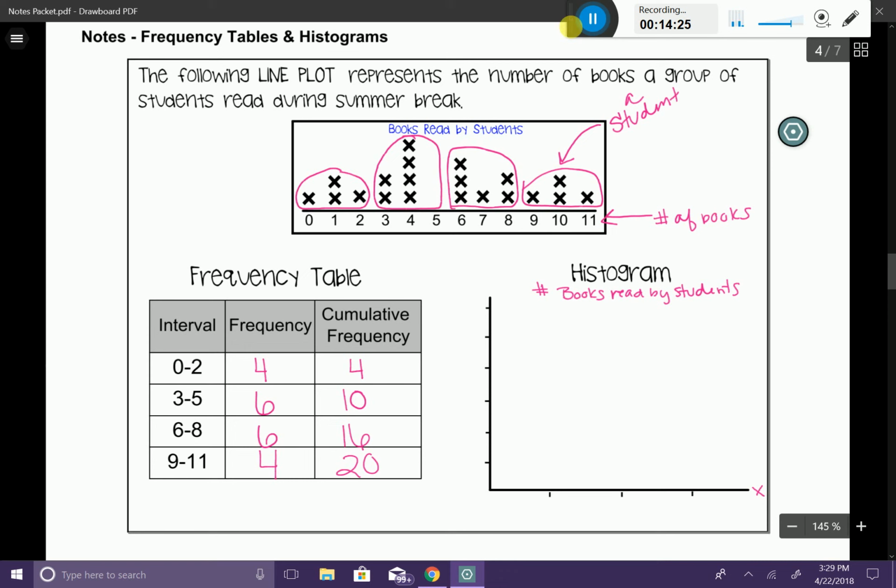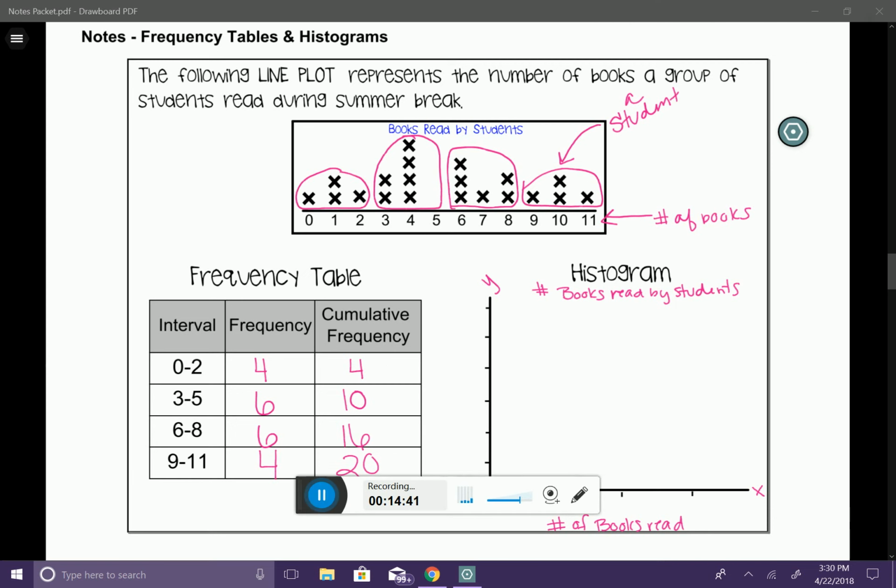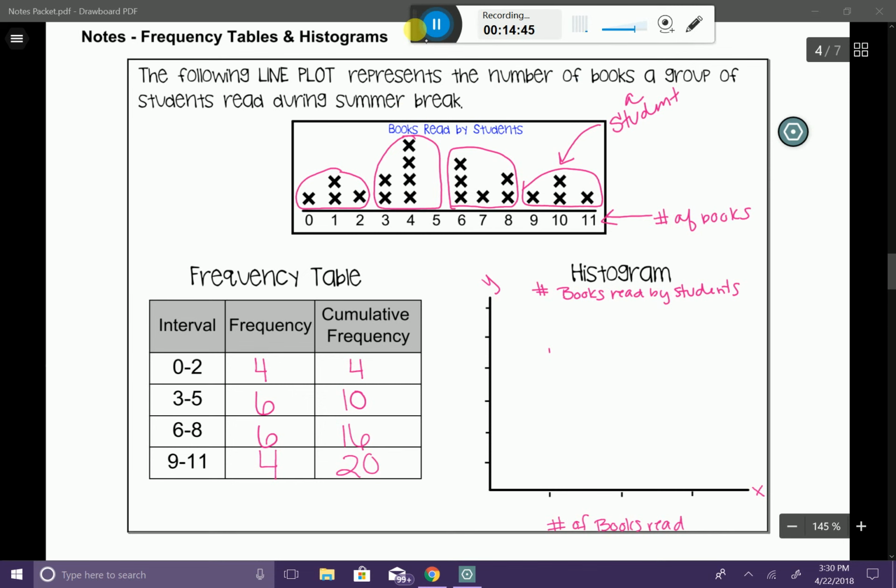So we're going to say that this is number of books read. And then on our y-axis, remember that's going to be our students. So this is going to represent our number of students. So we could say students, or we could say frequency here.